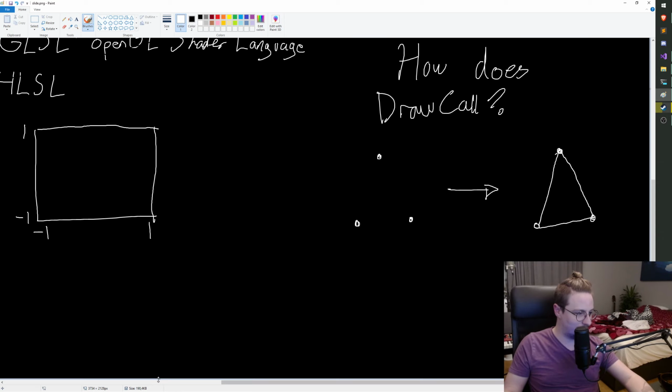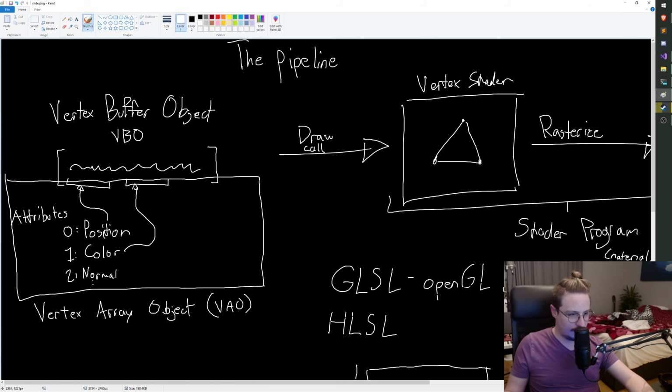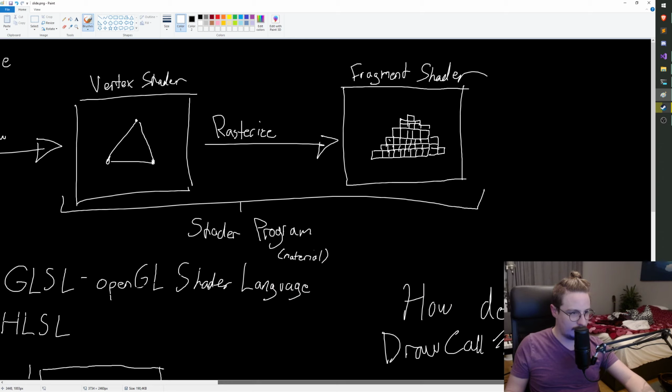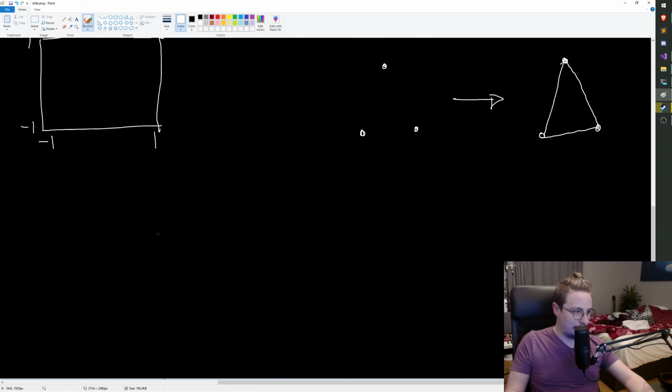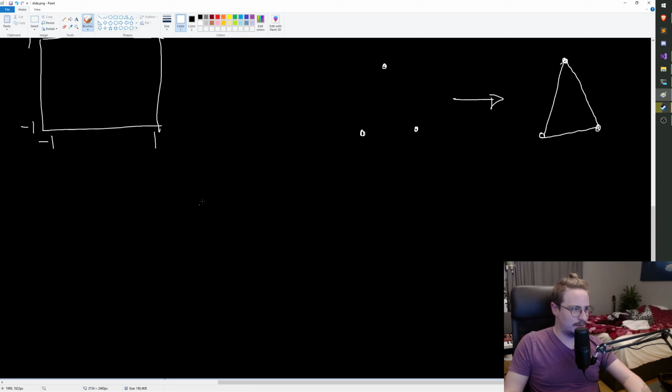And there's actually not just one way to do it, even with glDrawArrays. I'm going to give myself a little bit more space. All right. So you might have seen the first argument we passed into glDrawArrays, and that's GL_TRIANGLES, and that's the first mode and probably the simplest one to wrap your head around.